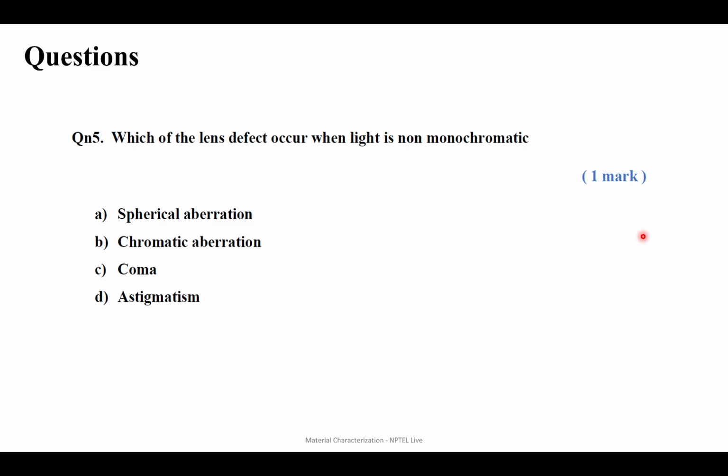Spherical aberration, chromatic aberration, astigmatism. That is correct. The answer would be B, chromatic aberration.